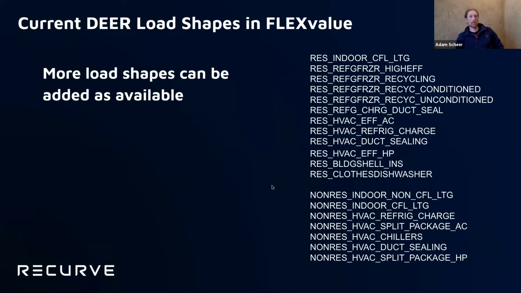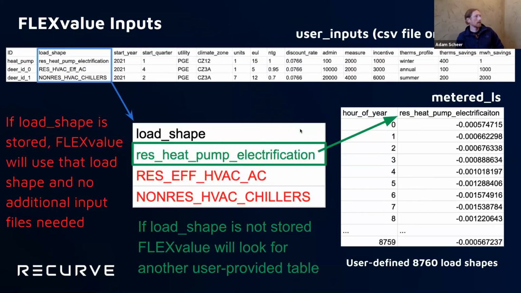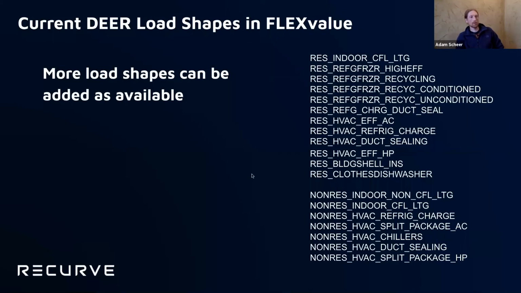And so we've incorporated all of these load shapes, and the proper load shape automatically gets selected because you're including in the FLEXvalue input the utility. So it's just going to pair that utility with the DEER load shape in order to pick the proper DEER load shape for the calculation.